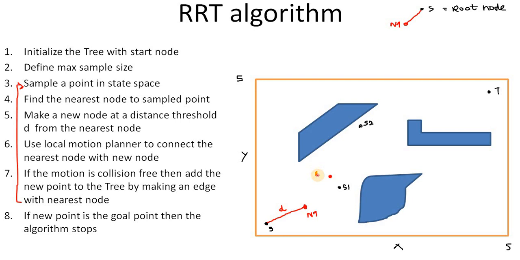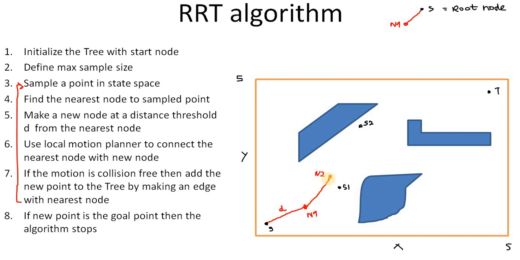So this is node N2, and this node is at a distance d and it's also in the direction of S2. Okay, and now we have to look for whether this is in collision with the obstacle or not. Of course, this is in the free space we have. So now we use a local planner to connect it with the new node. This was the nearest node, and this is our new node.